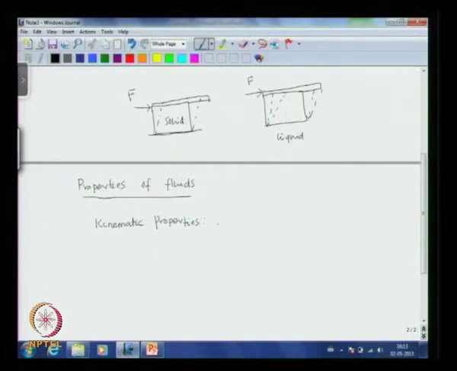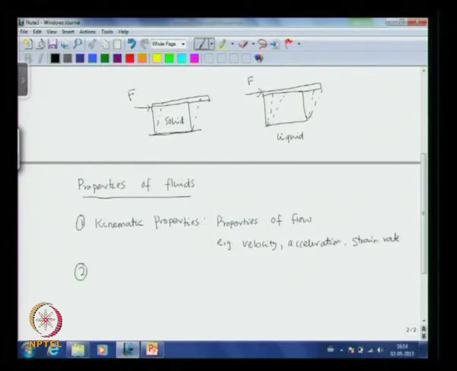Kinematic properties are basically the properties of flow, and the examples are velocity, acceleration and strain rate. So, these are kinematic properties.